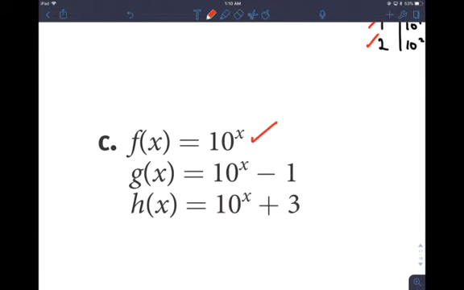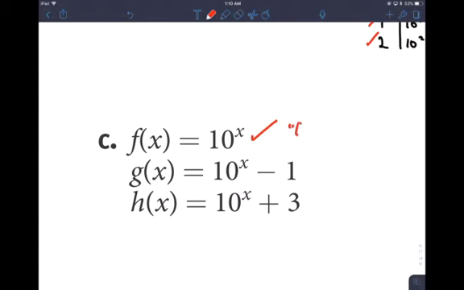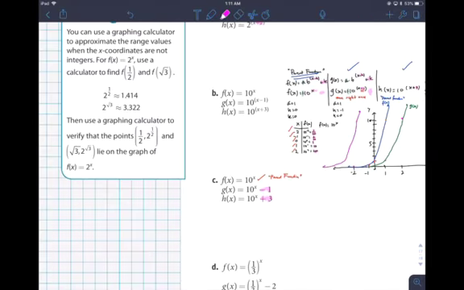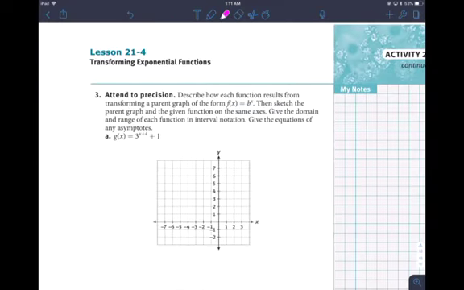Again, choose the same values if you want: -2, -1, 0, 1, 2. Make the table and sketch that. That's what we call the parent function. And then recognize the parameter. Is this a, h, and k? And then what's going to happen? It's going to bring everything to the left or to the right, up or down, and keep the form. So we're going to do one example where it's not broken out like this, but we're going to use the same approach. On the next page, we're going to sketch this one.